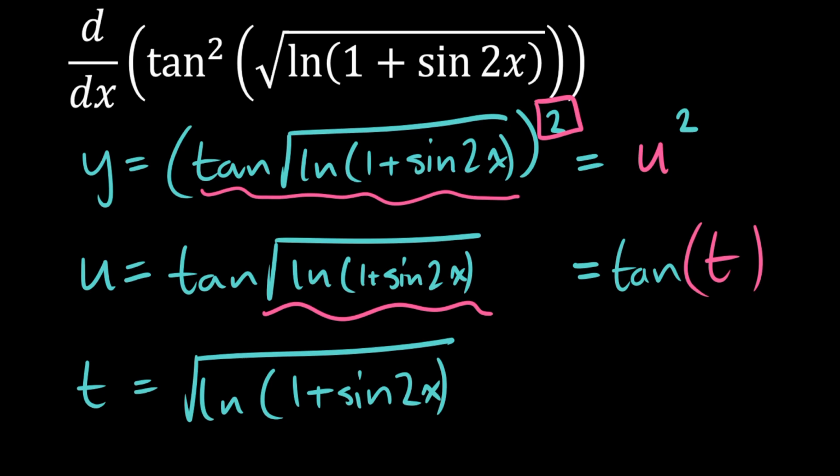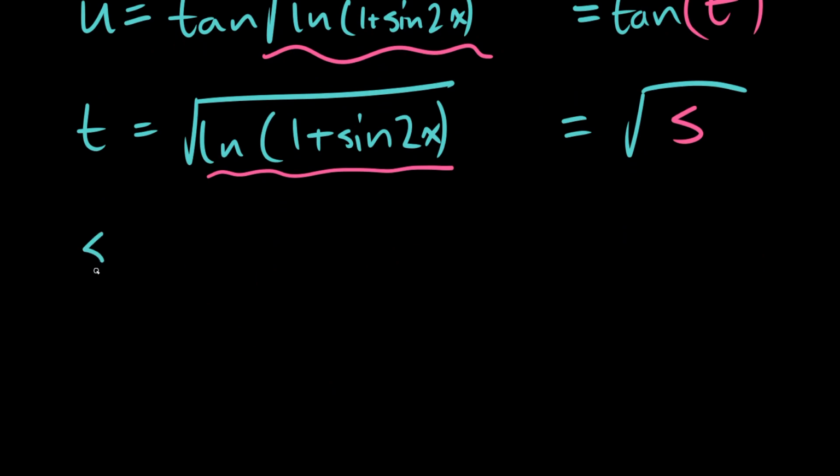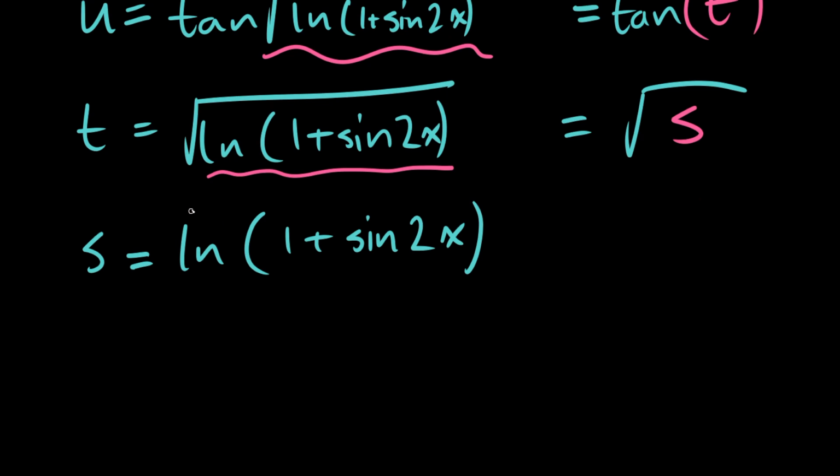And of course, the square root is now our outside function, and everything within the square root is going to be our next letter, which is s. And then s is going to be equal to ln 1 plus sine 2x, because that's what we got from up there.